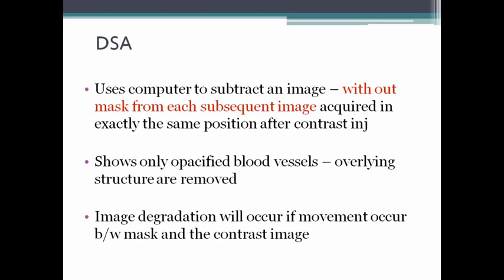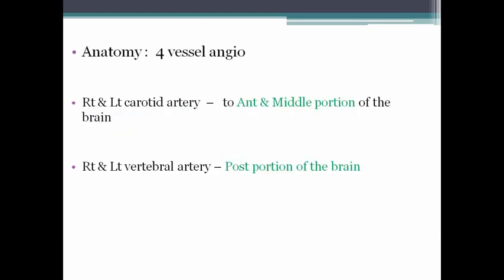where it will show only specified blood vessels. So in 4 vessel angiography of neck or head, we also call 4 vessels angio. 4 vessel means we are going to see the right and left carotid artery, right and left vertebral artery.